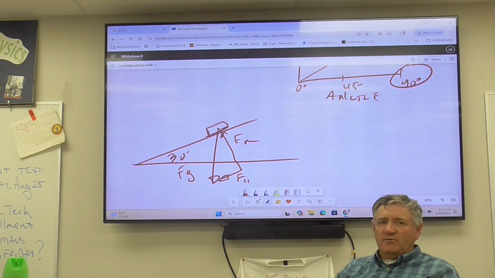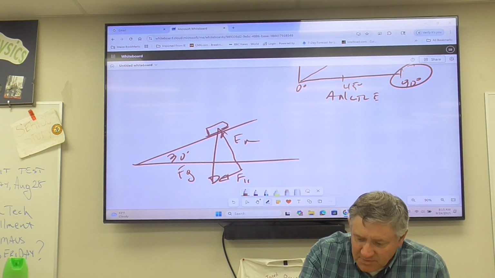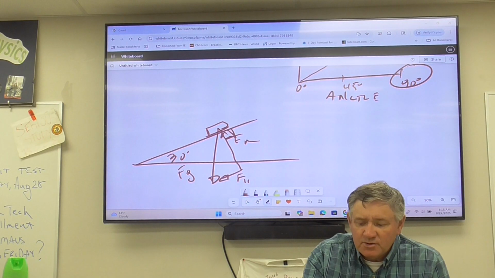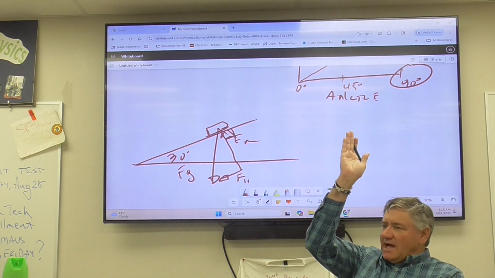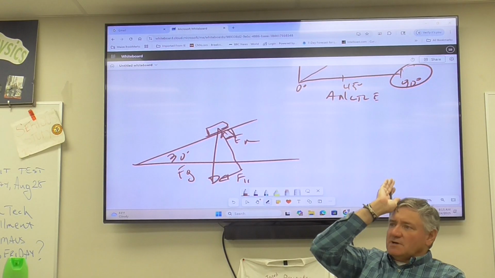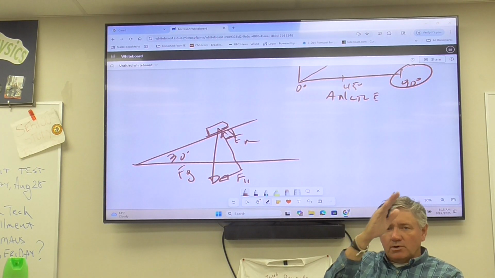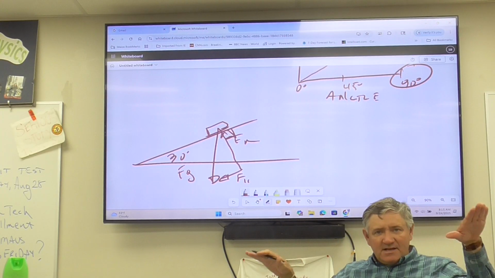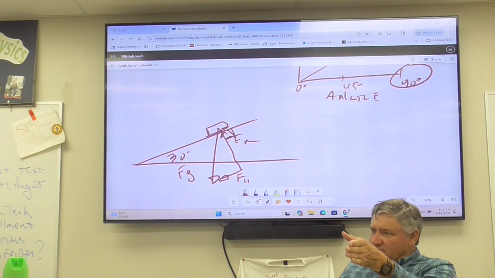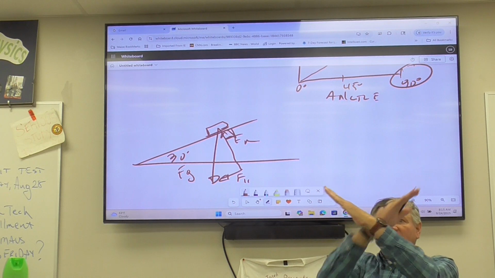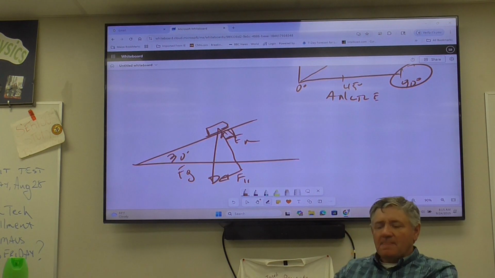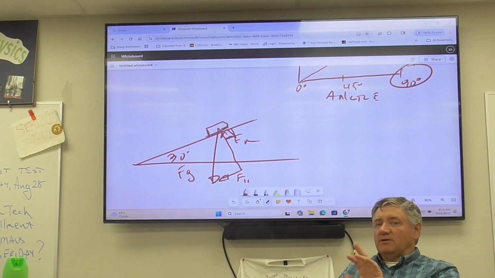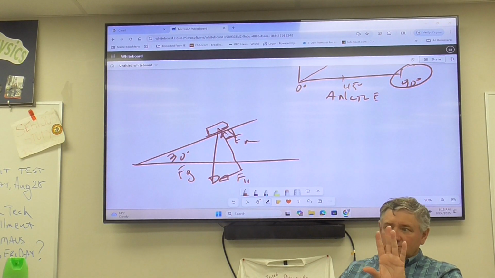That's why it's called force parallel. Make sure the normal force is at right angles to the surface. Do not draw your normal force acting straight up. Your normal force is acting at a right angle to the surface. Now, if you're on a flat surface, normal force does act straight up. But if you're on an incline, the normal force is going like this. So option number one, draw it as a triangle.